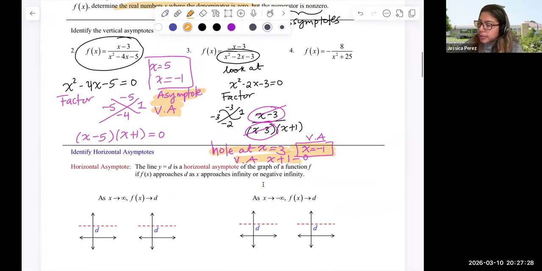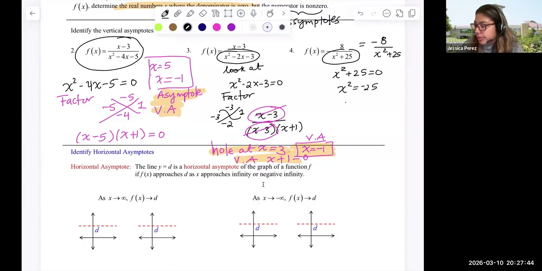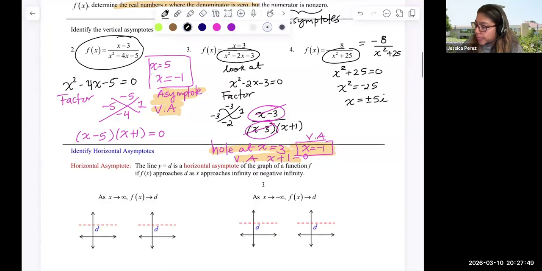Now what happens if I have something like case number 3? So this is -8 over x squared plus 25. You're going to say, okay, well, you're going to set the denominator equal to 0. So that gives me x squared equal -25. But this is x equal plus or minus 5i. So be careful.